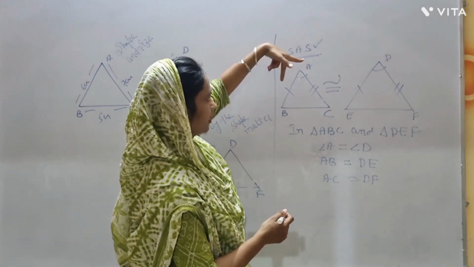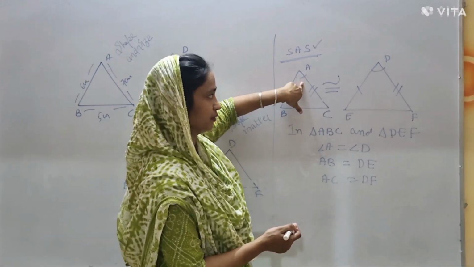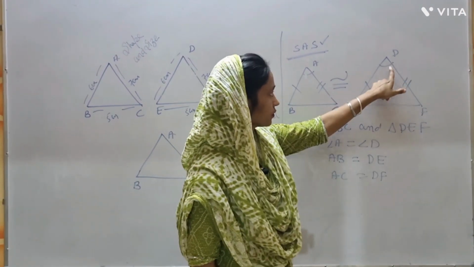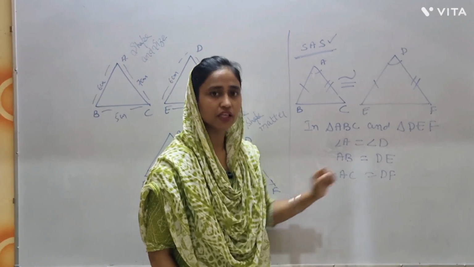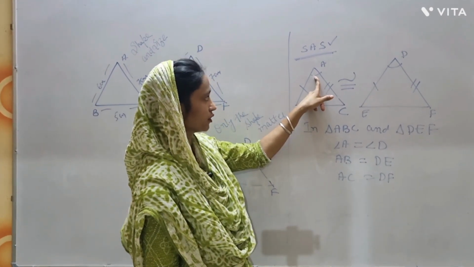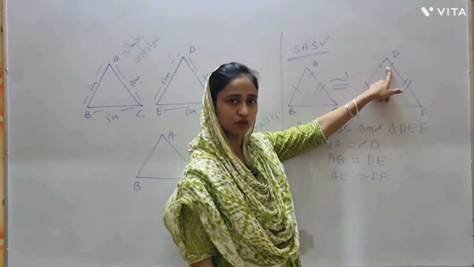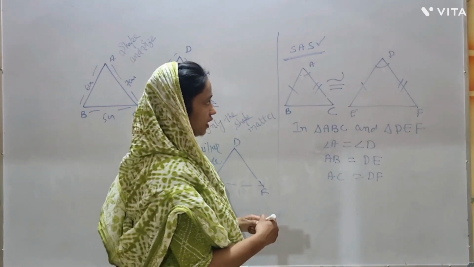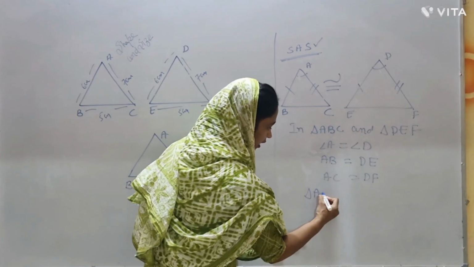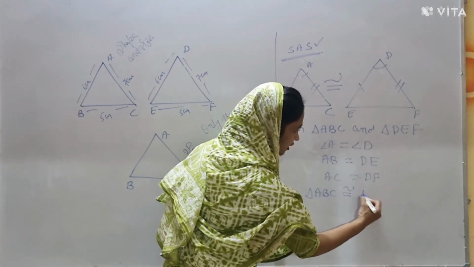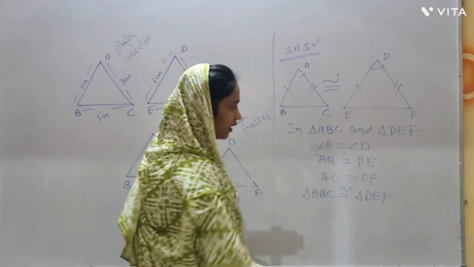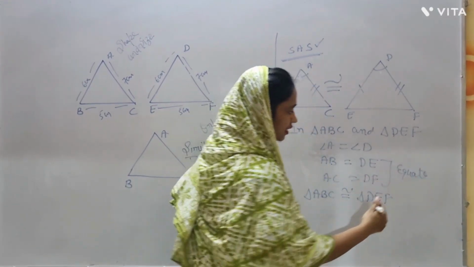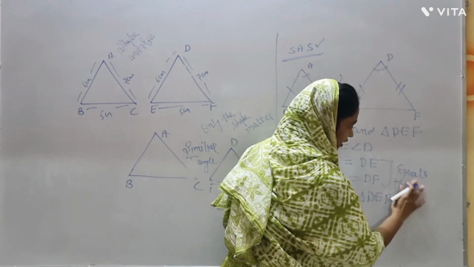One angle and the lines including that angle are equal. One angle of one triangle is equal to the corresponding angle of the other triangle, and the corresponding sides are equal. Then you say that triangle ABC is congruent to triangle DEF. In congruency, we equate the corresponding lines.